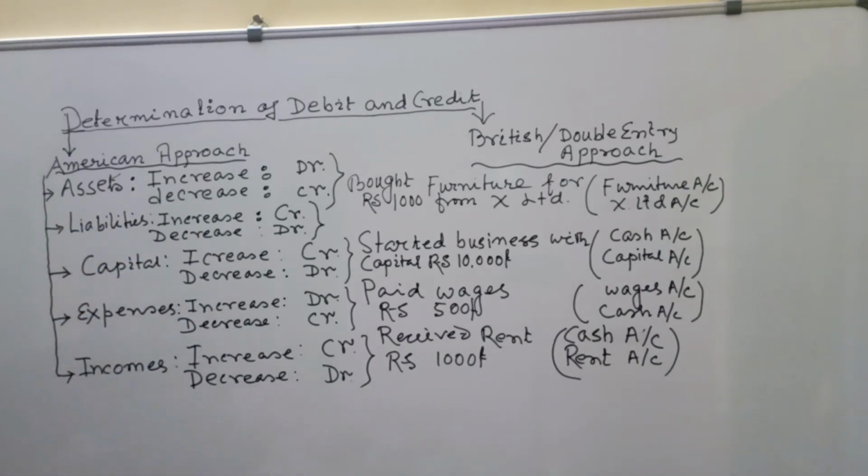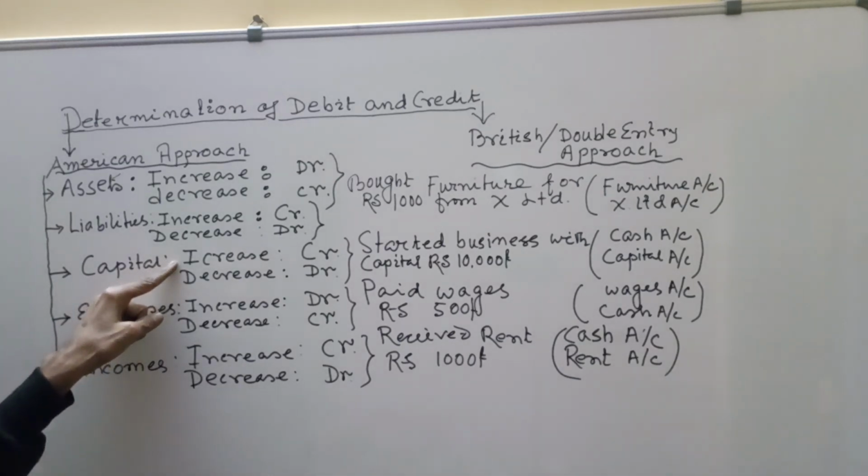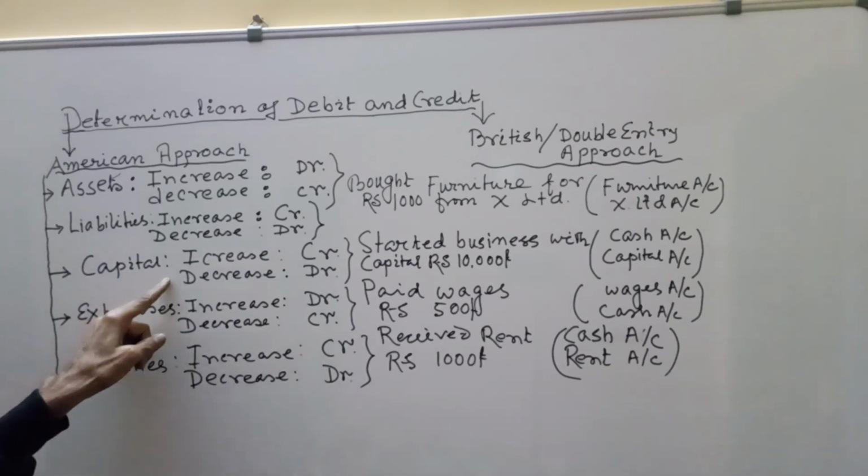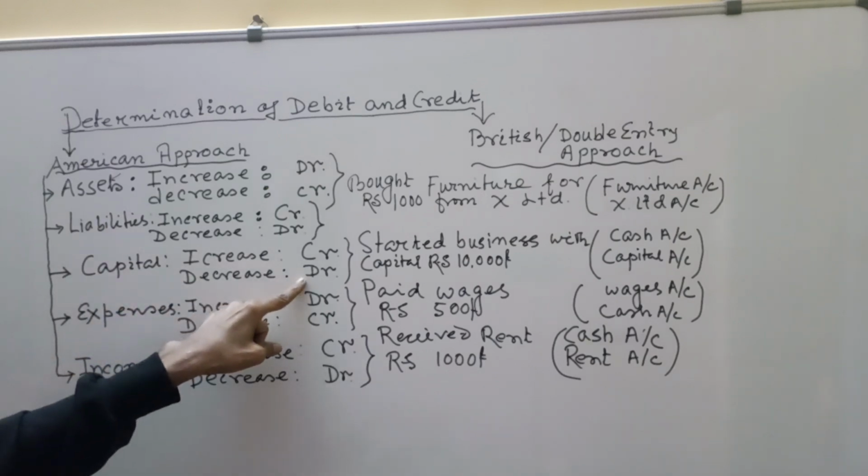Similarly, if capital comes into the business or the amount of capital increases in the business, the particular capital account will be credited, and if the capital is withdrawn or eroded or somehow drawings have been made, in that case the capital account will be decreased, and it will be debited.